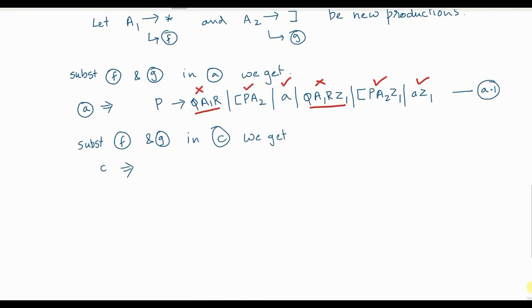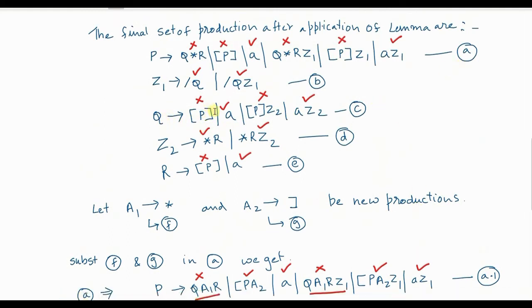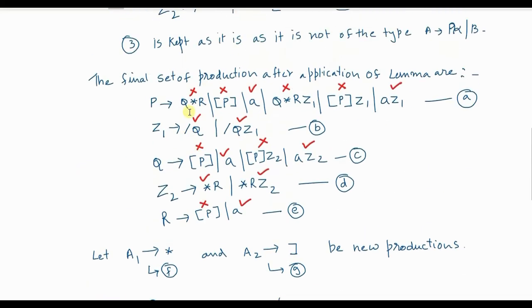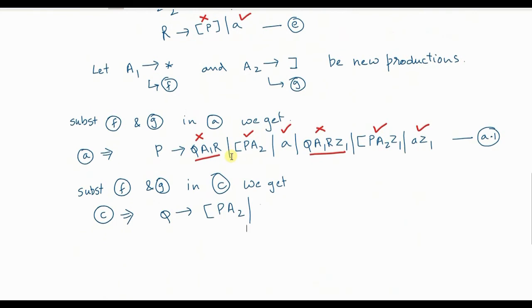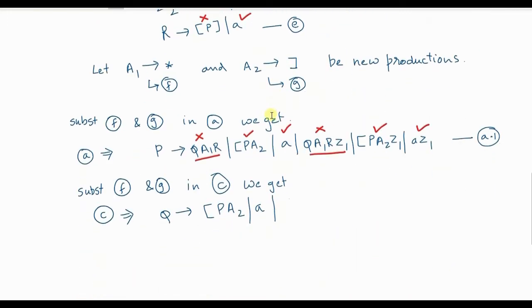the new value of C. The first term here, the closing bracket will be replaced with A2, so the term will be Q gives opening bracket PA2. First term. Then the next term will be A, as it is already in GNF, I will write it as it is. The third term here is also not in GNF, so this will be opening bracket PA2 Z2.